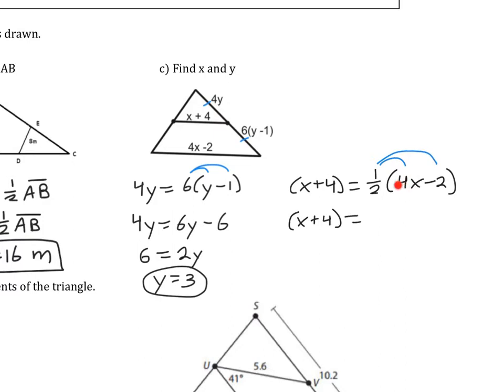Remember, this is just saying 4x times 1 divided by 2, so that gives us 2x minus, this is 2 times 1 divided by 2, which is 1. Okay, so here let's subtract x from each side and then add 1. And we get x equals 5.